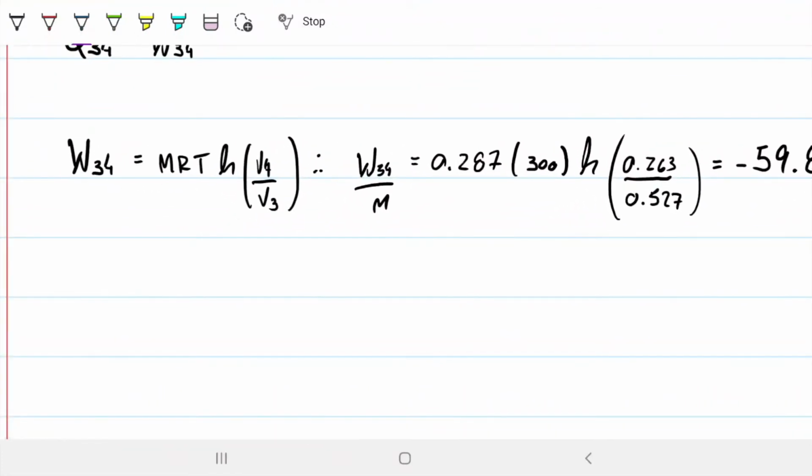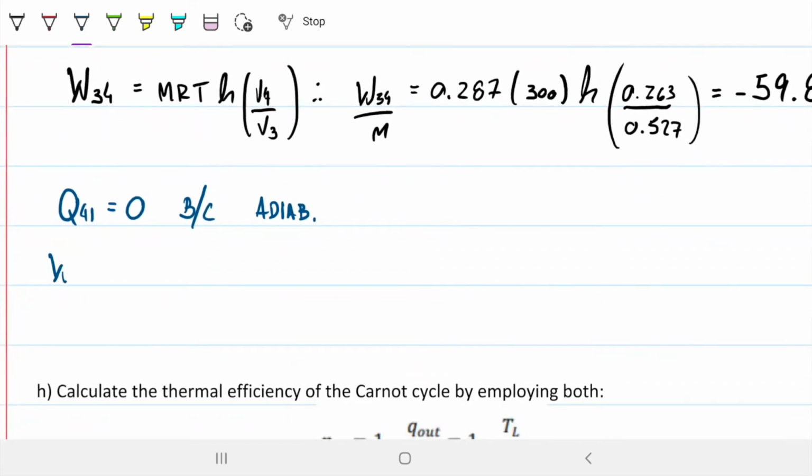And then finally, we're going back from 4 to 1. So 4 to 1 is adiabatic, so the heat is nil because adiabatic. And then again, from 4 to 1, we want to do the same thing we did before, right? So P1, V1 final state minus initial state P4, V4, divided by 1 minus K. P1 is 7,000.